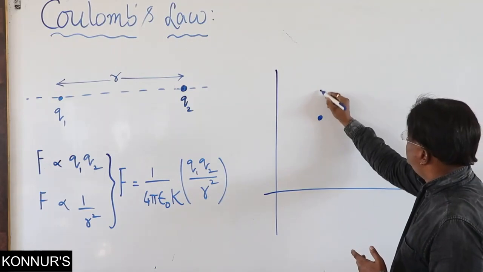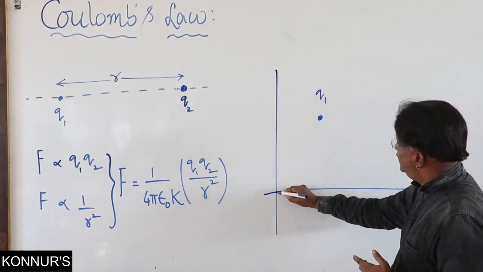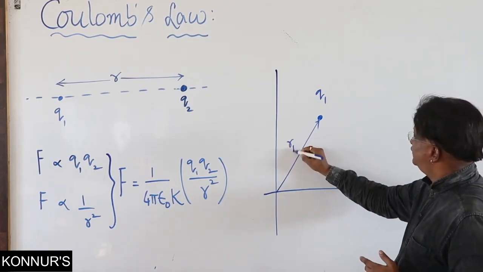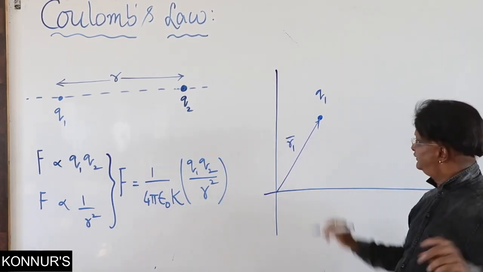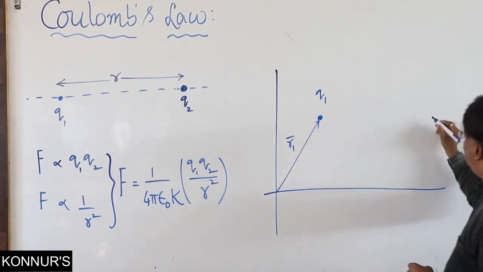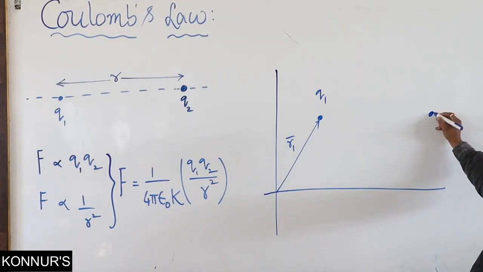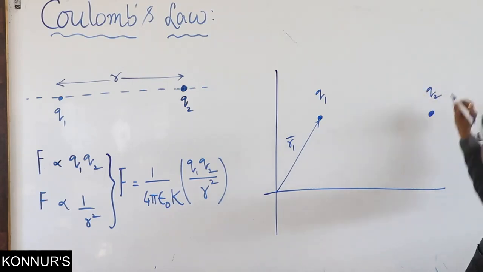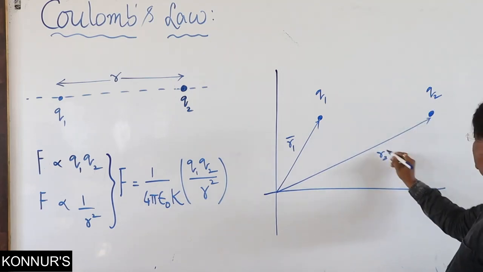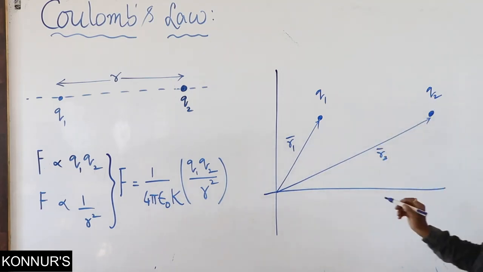Supposing this is charge Q1, and from this origin I am writing a position vector R1 bar, some reference. This R1 bar is the position vector of Q1. Now here comes another charge, point charge Q2. Now this is the position vector R2 bar of Q2.